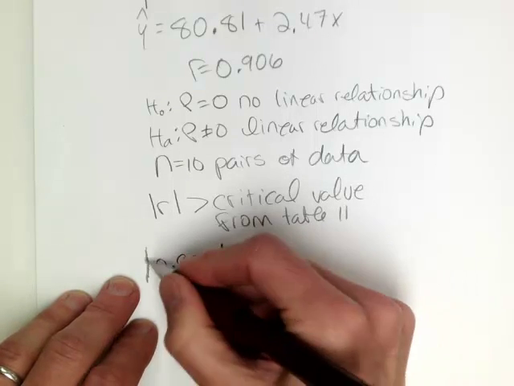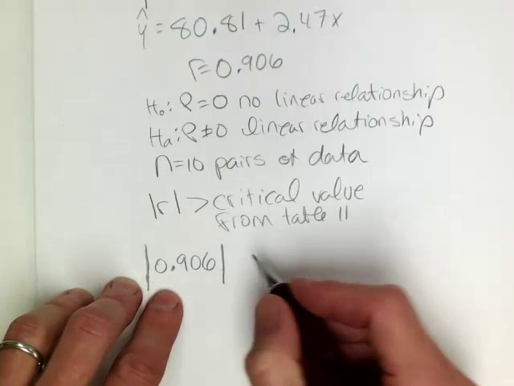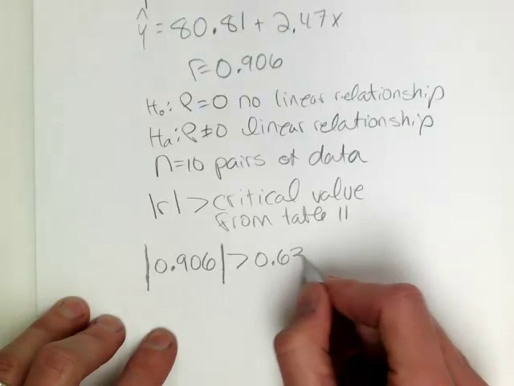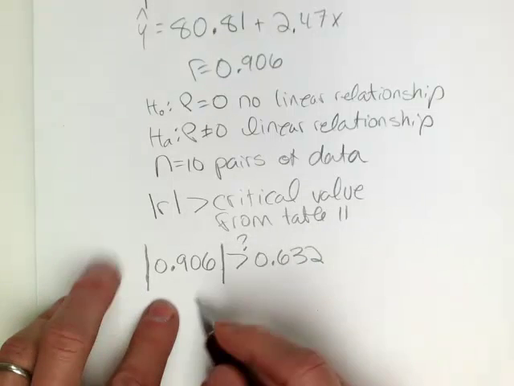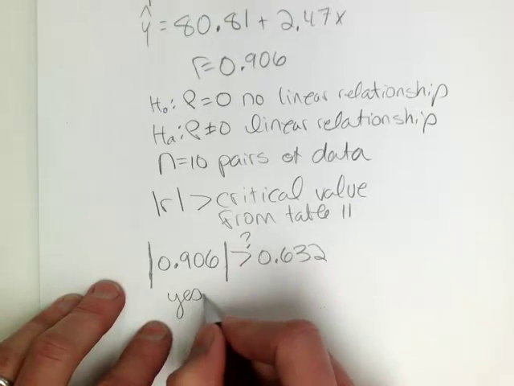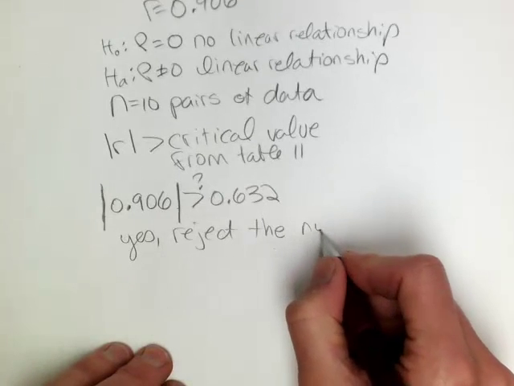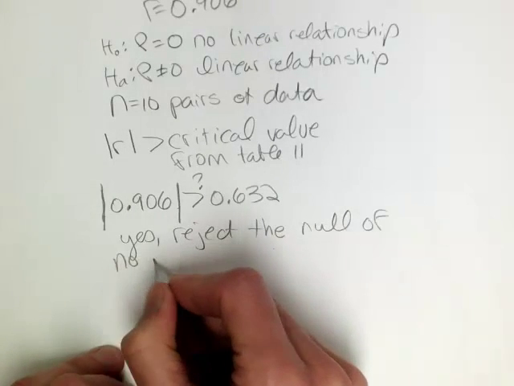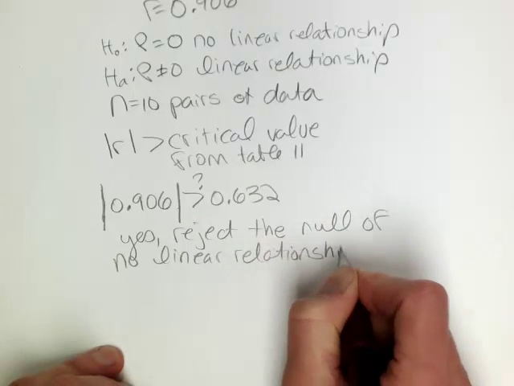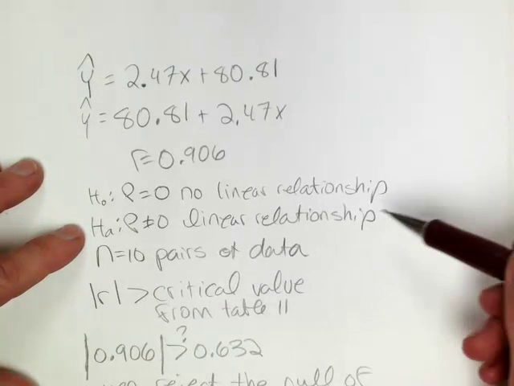If R was negative, I would take the absolute value, which would yield a positive number. My critical value was 0.632. So is the absolute value of 0.906 greater than 0.632? Yes, so we're going to reject the null of no linear relationship, in favor of the alternative, which is a linear relationship.